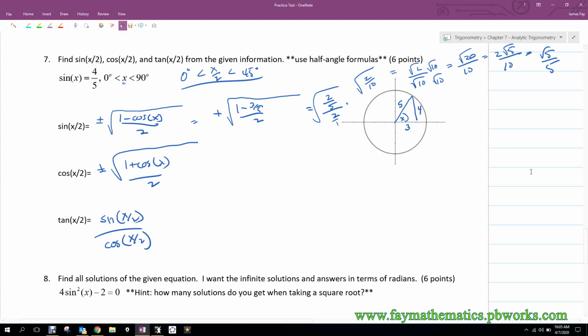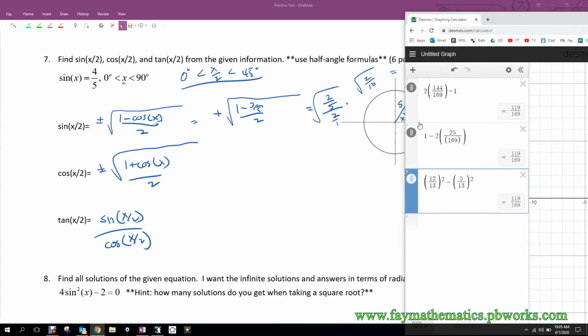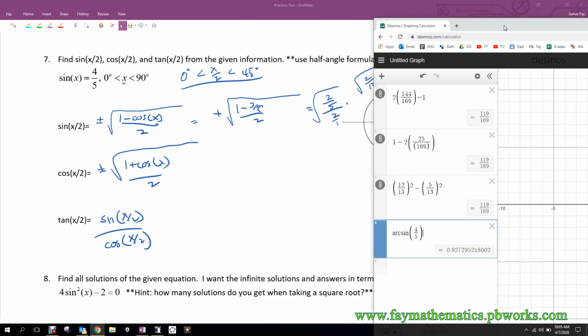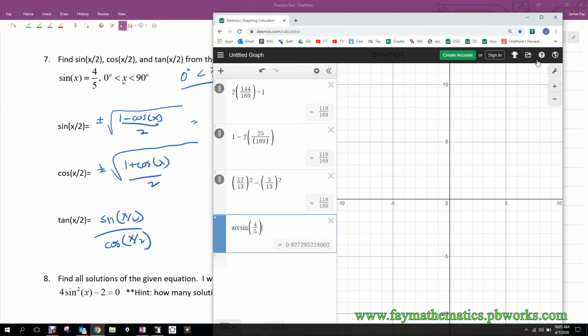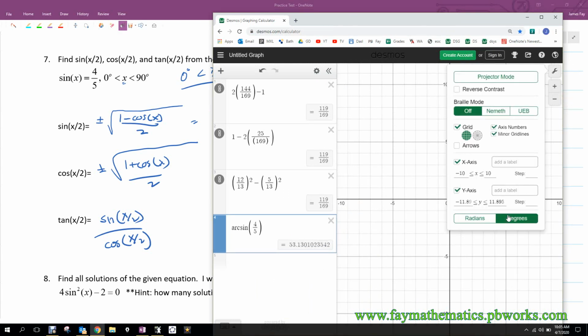Just kind of check this real quick. We can go arc sine of 4/5. Okay, so let's see here. 53 degrees.